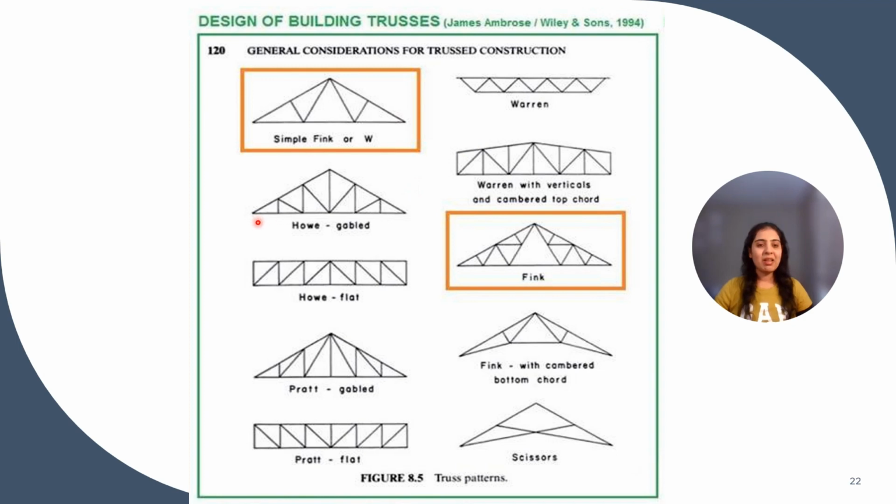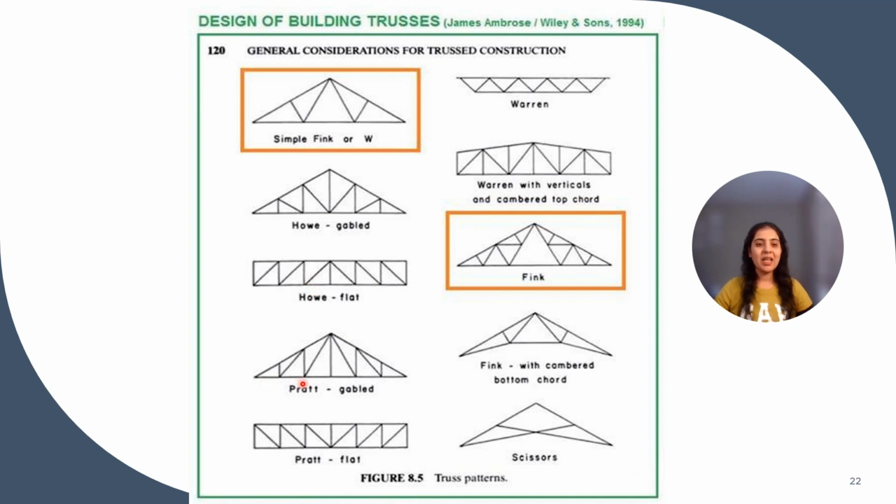Now, this is a Howe type of roof truss. And here, this is a Howe type of bridge truss. You can remember it by remembering the shape of these web members at the center. It is forming M in roof trusses and W in bridge trusses.